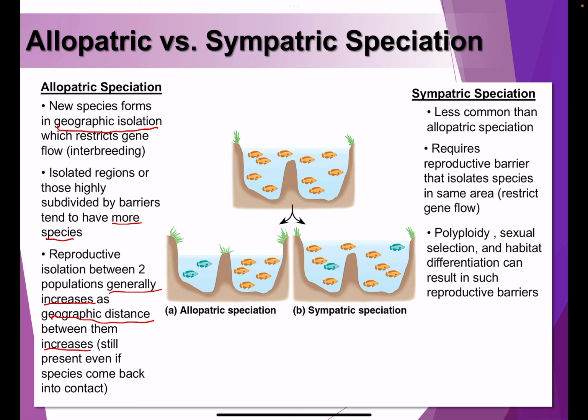Now, even if these two species have been separated for a long time and somehow by accident meet again in the wild, they will still be separate even when they come back into contact, because maybe because of natural selection or genetic drift, they have now developed traits that are very different from the original population, where they're like, oh, you don't look like me anymore.